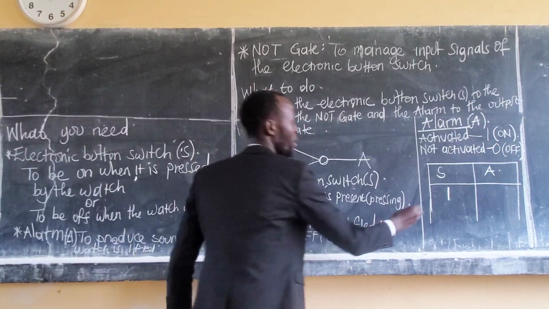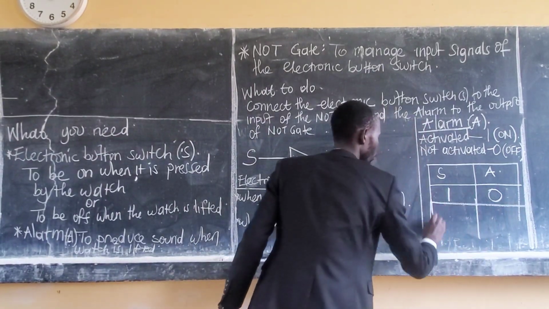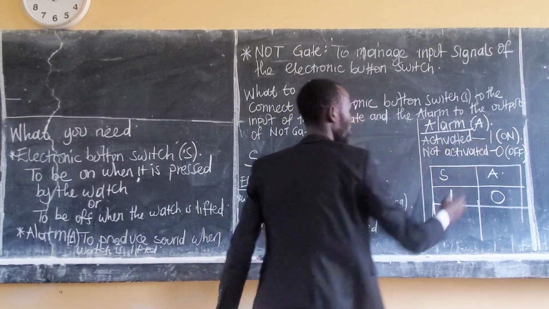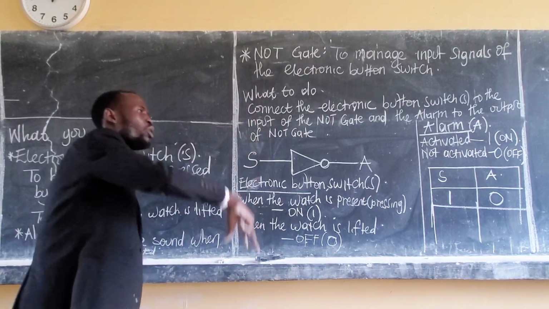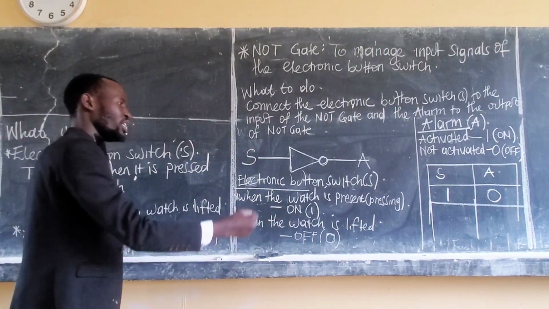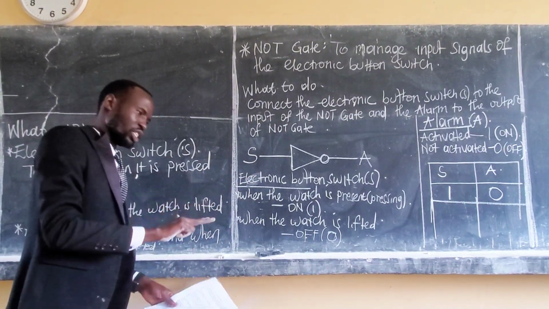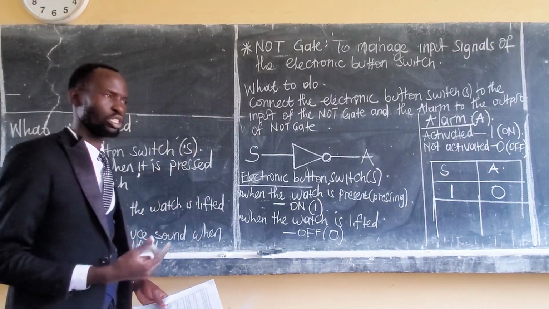So the alarm will be a 0. It does not produce sound, because we said when the alarm is activated or on, we denote it with a 1, and when it is not activated, it's a 0.